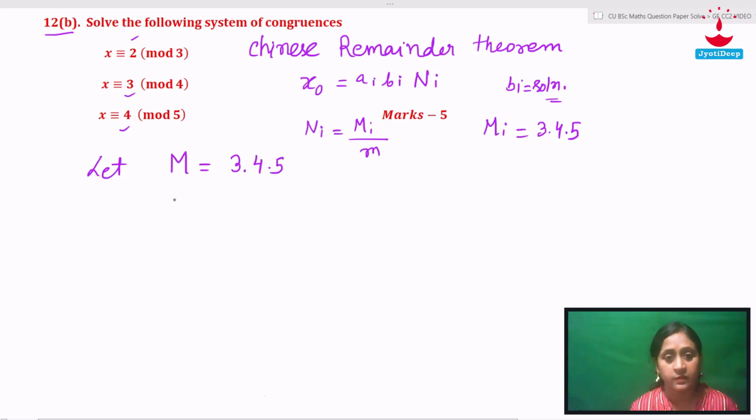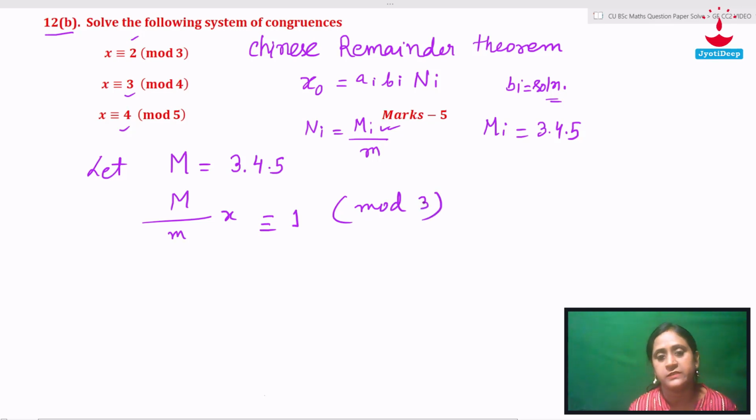Okay, so this is M. And next we are going to find out M by mi. So M divided by small m into x is congruent to 1 under mod 3.